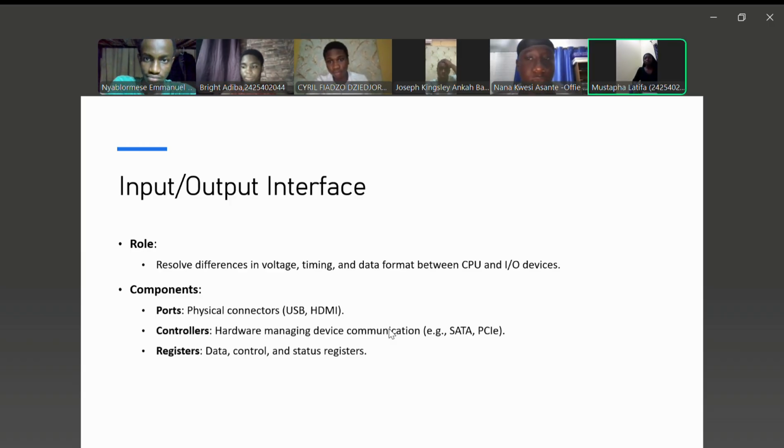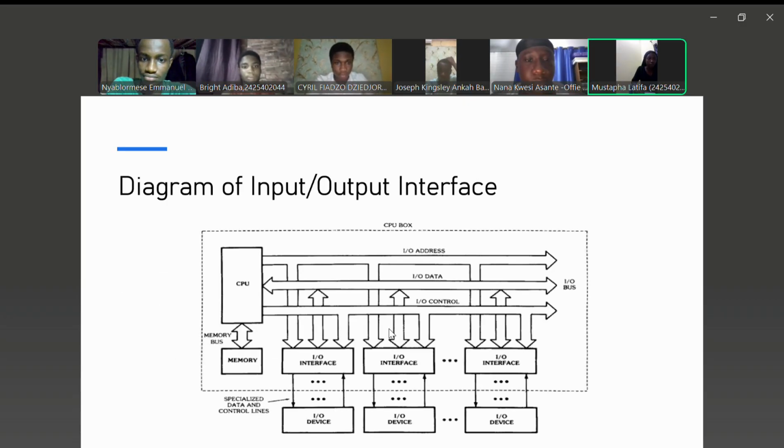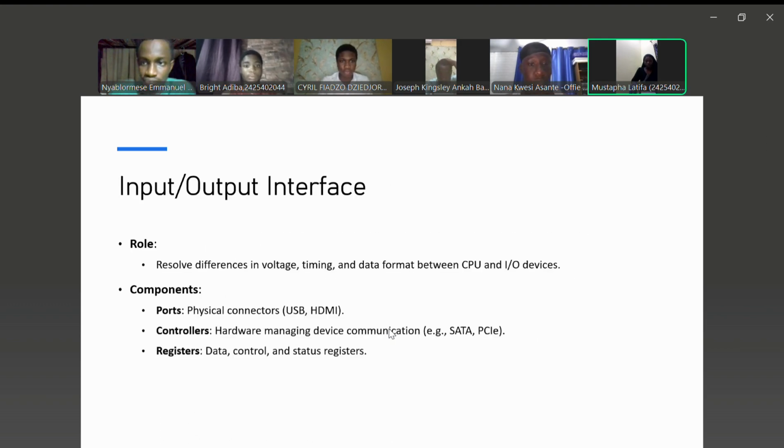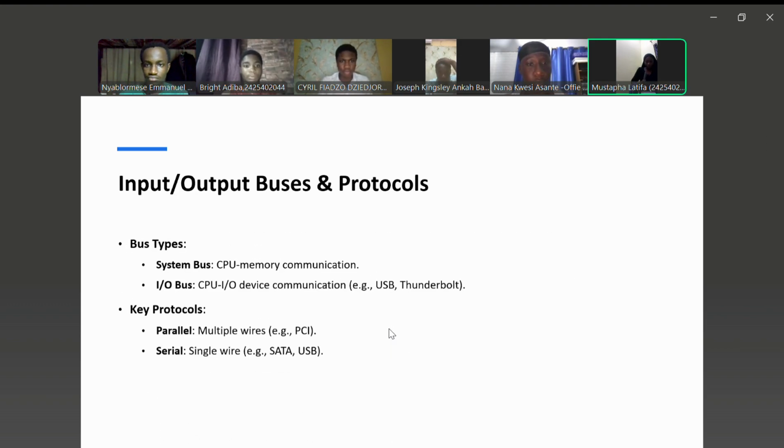My name is Latifah Mustafa, and in our next presentation we have input output buses and protocols. Input output buses and protocols are basically the data roads beside the computer.